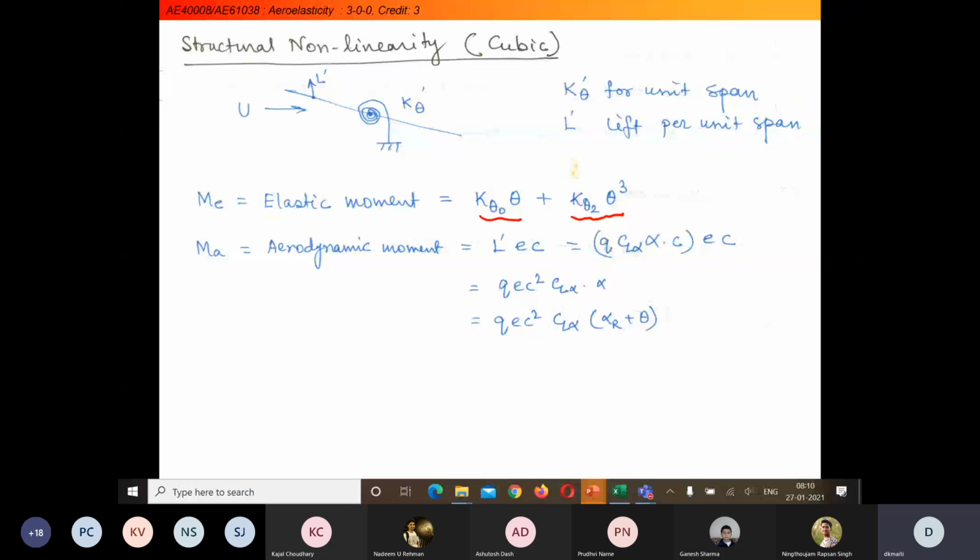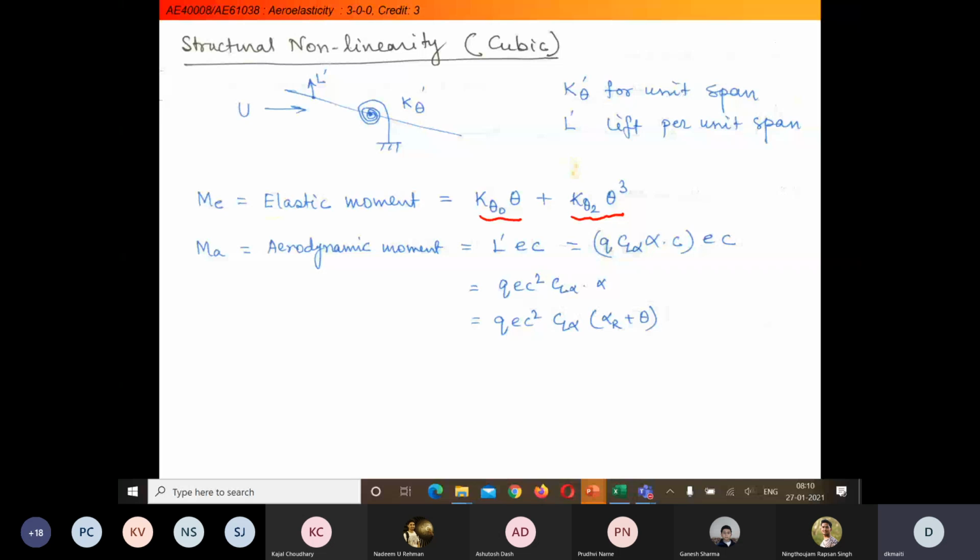Now, coming to the equilibrium condition, when the aerodynamic moment is balanced by the elastic spring, we get M_a equal to M_e, that is, aerodynamic moment equal to elastic restoring moment.